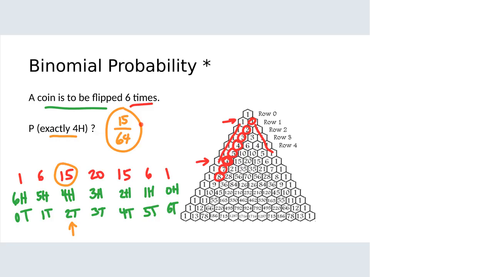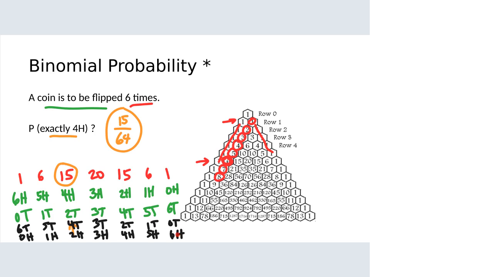Poll went great. Anybody have any questions about what I did there? I do want to point out one quick thing. I'm starting to feel like we're really comfortable, which is awesome, but I do want to point out that if you said, well, but I called this 6 tails, 5 tails, 4 tails, 3 tails, 2 tails, 1 tail, and 0 tails, which meant no heads, 1 heads, 2 heads, 3 heads, 4 heads, 5 heads, and 6 heads.